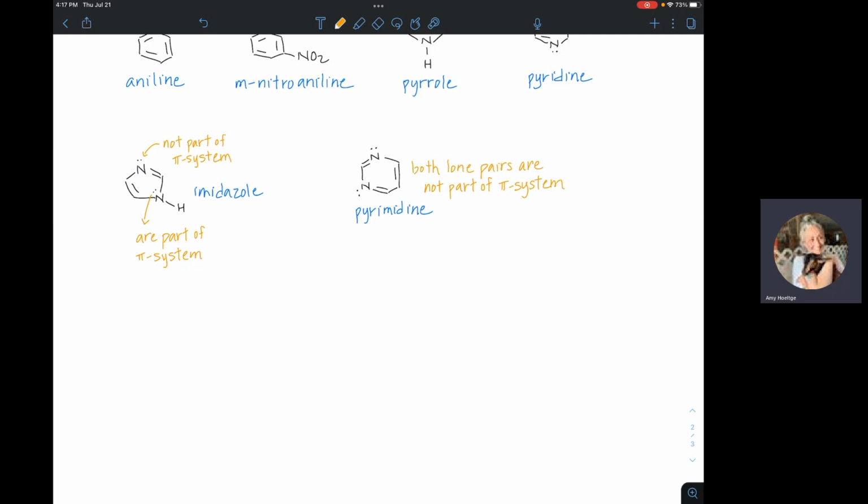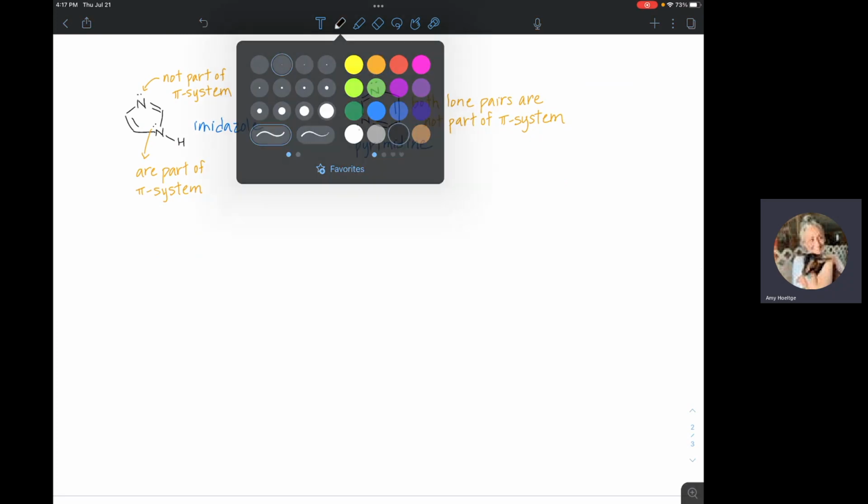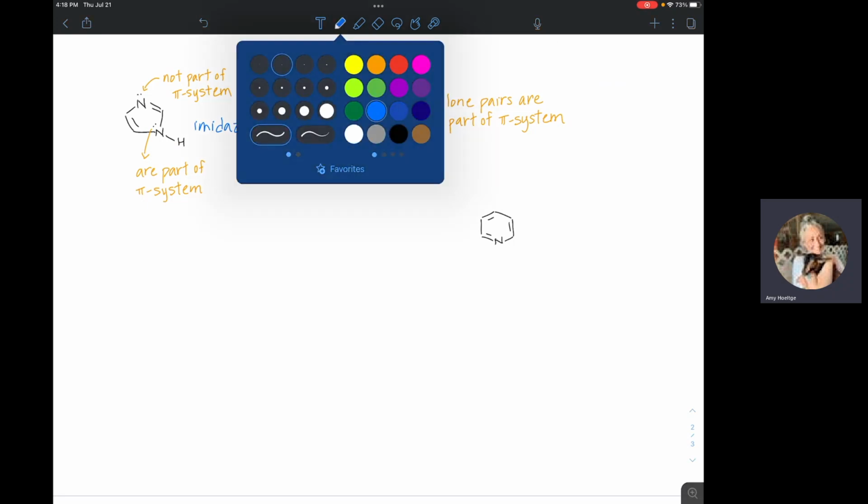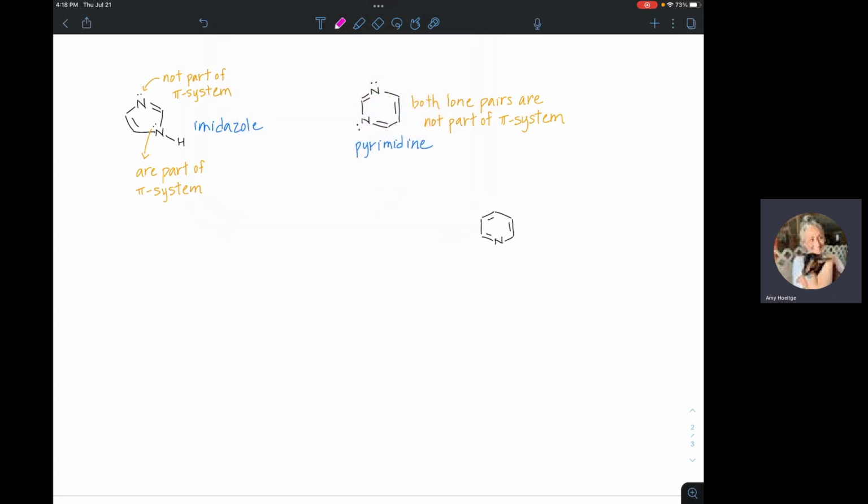So if you were to draw, and when I'm talking not conjugated with the pi system, let me draw just pyridine again for you so you can see what I'm talking about. So I've got my conjugated pi system, and I've got, let me put this in a different color, these p orbitals.